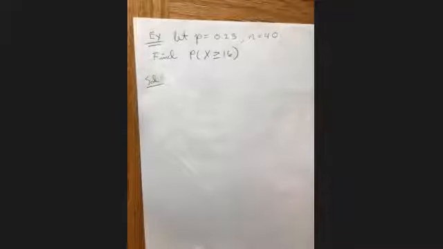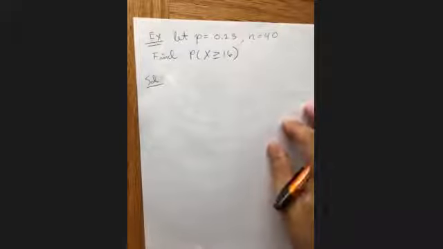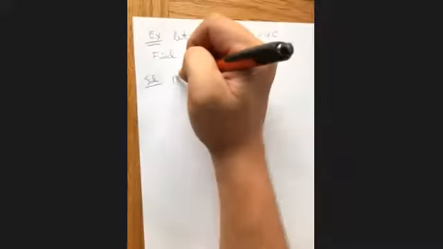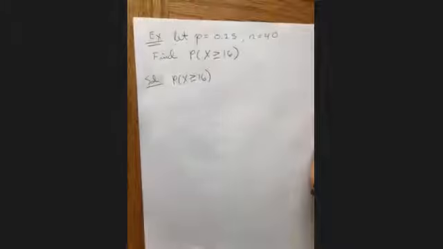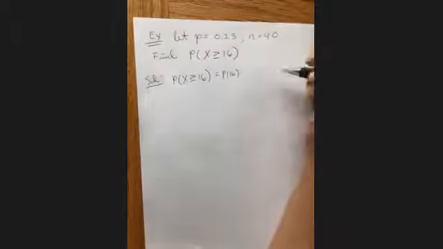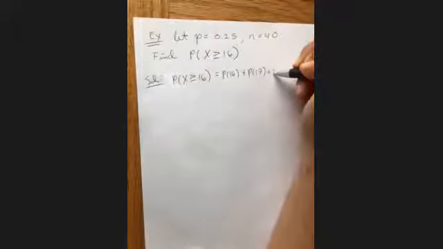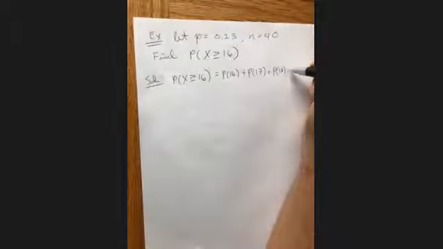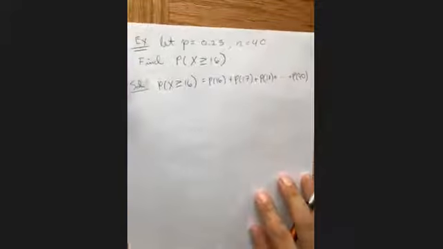Since the trials of a binomial experiment are all independent, we find out that the probability of x being greater than or equal to 16 is equal to the probability of x being equal to 16 plus the probability of x being equal to 17 plus the probability of x being equal to 18, all the way up to the probability of x being equal to 40.